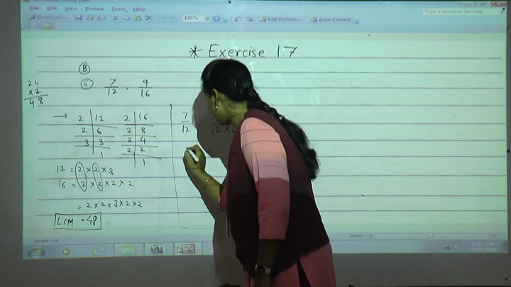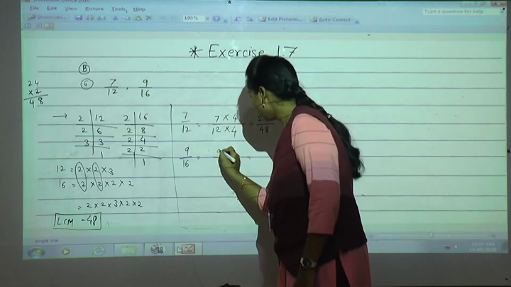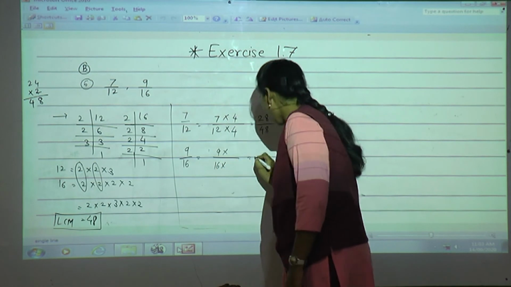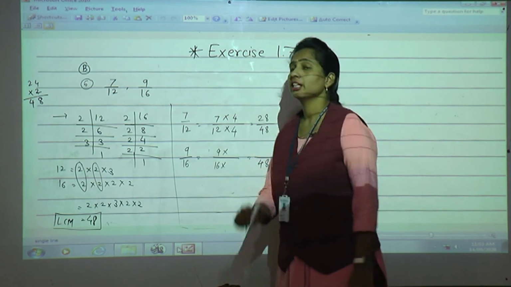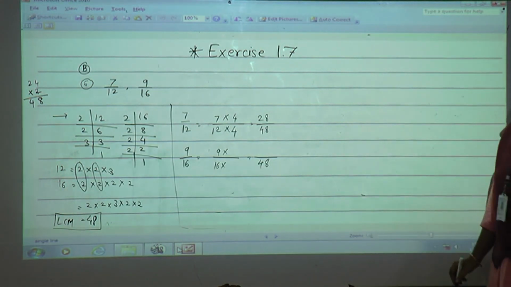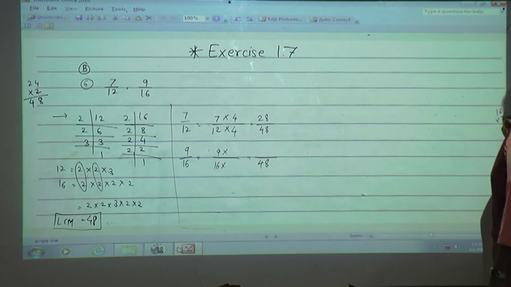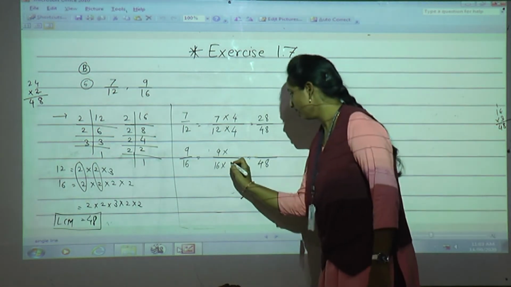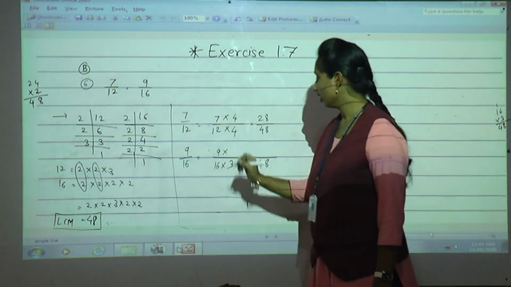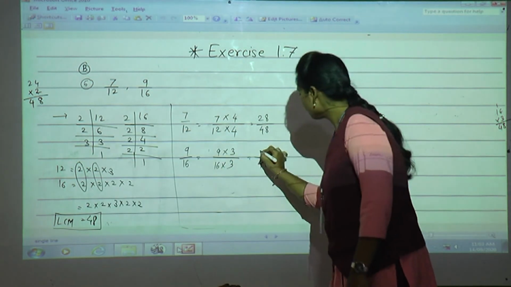Now next number 9 upon 16. Okay, so write here 9 multiplied by and 16 multiplied by, and the denominator should come 48. Now tell me 16 what's are 48? Yes, 16 threes are 48. And now here write 3 only. 9 threes are 27.